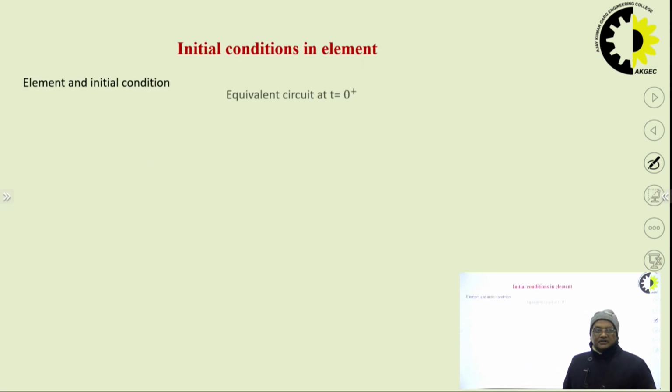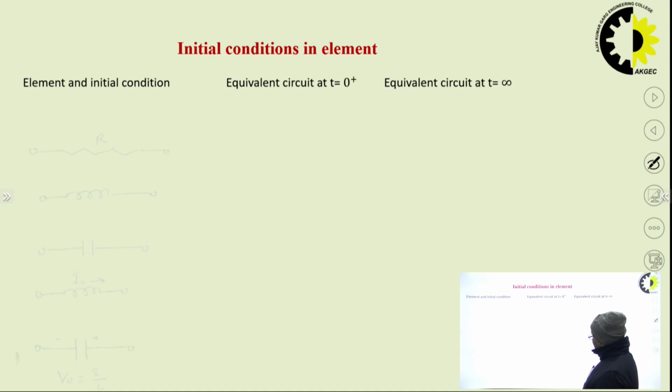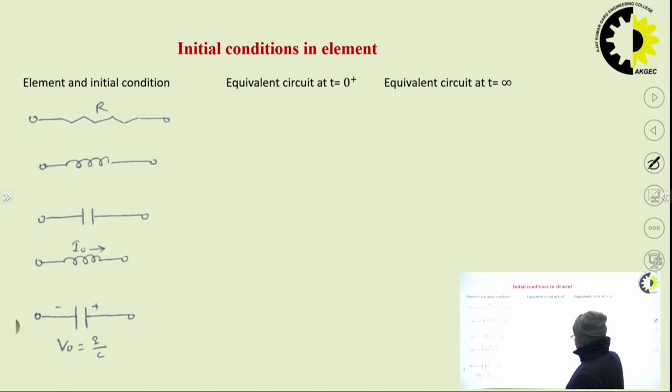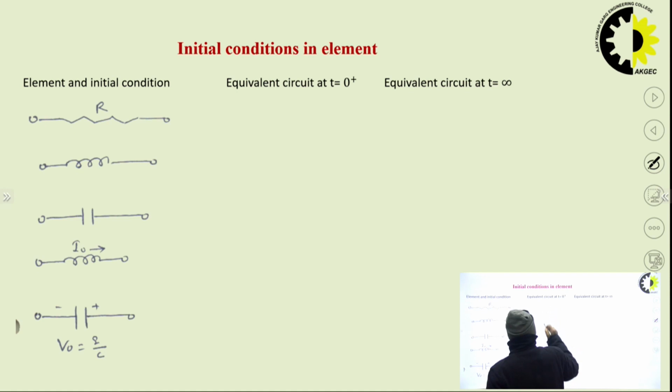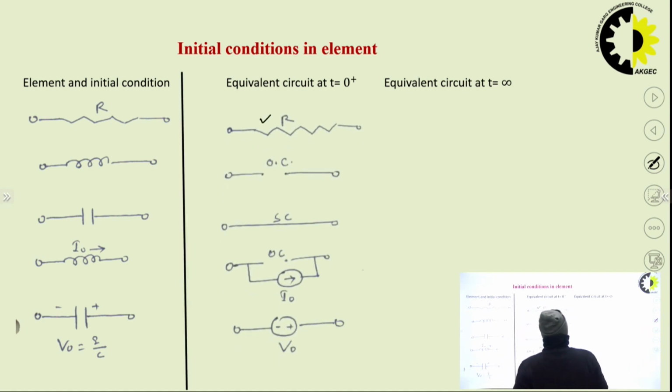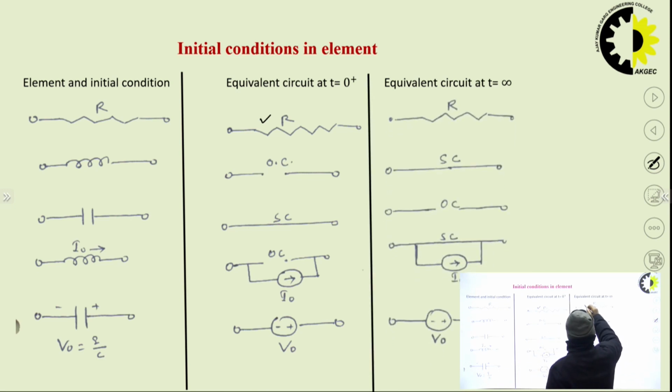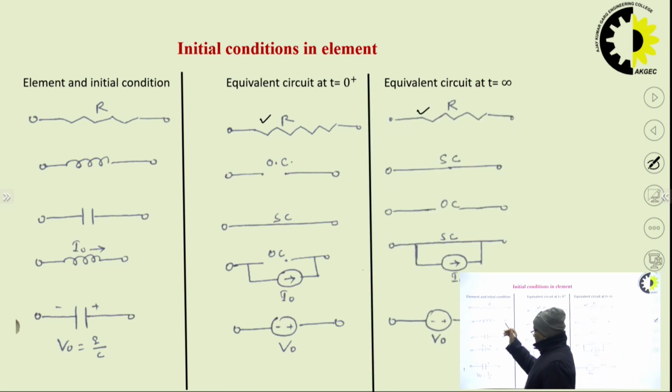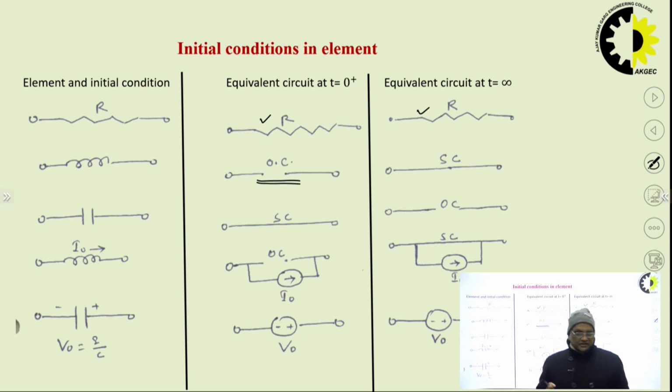If you remember, in the last class we discussed the behavior of circuit elements at t equal to 0 plus and at t equal to infinity. A resistor is simply a resistor at both times. An inductor at t equal to 0 plus behaves as an open circuit, because the inductor opposes the rate of change of current when we switch on the circuit.